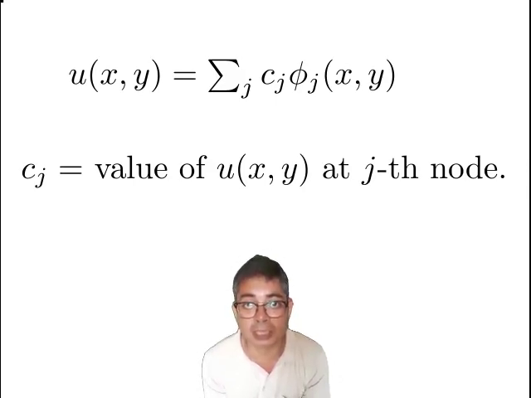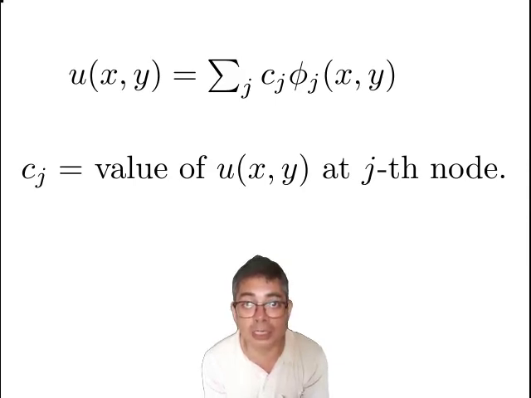Because each phi_j is made out of various planar pieces, so will be the function u(x,y). Since each phi_j is 1 at one particular vertex and 0 everywhere else, observe that c_j is nothing but the value of u(x,y) at the jth vertex.